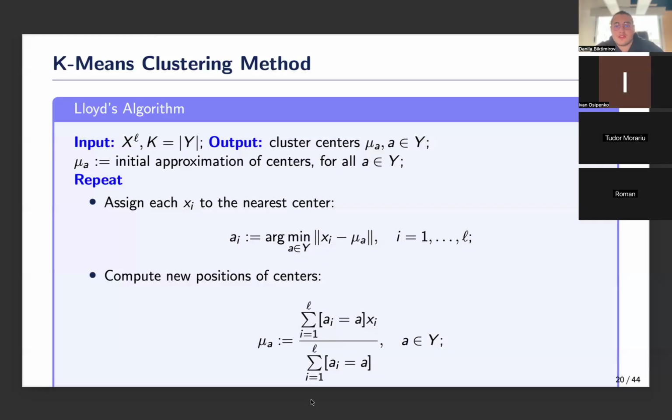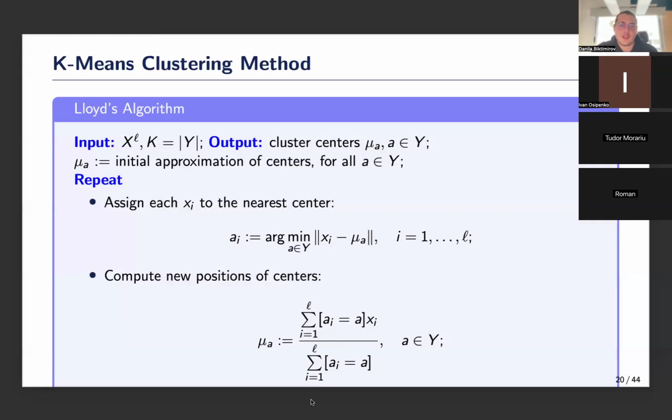To counter this, it's beneficial to choose centers that are maximally distant from each other across the whole dataset. So the first center is chosen randomly, for example from a uniform distribution over the dataset points, and each next center is chosen from a probability distribution over the dataset points, where the probability of selecting an object is proportional to the square of its distance from the nearest cluster center.